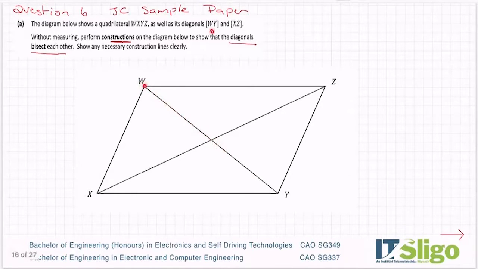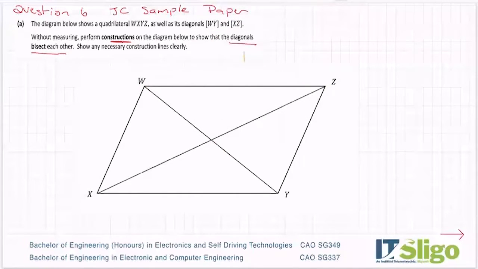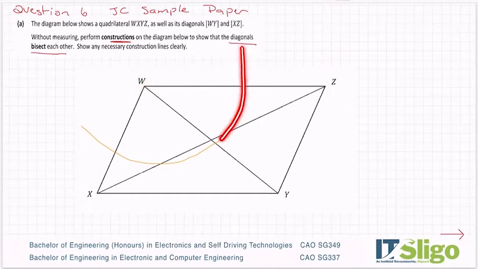I'll draw it in orange. You draw a semicircle around like that, with the needle in W. Remember, that distance has to be a little bit more than halfway.